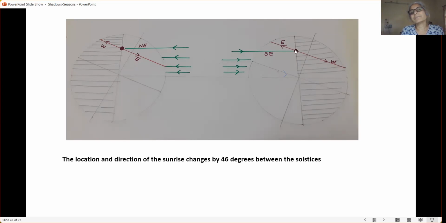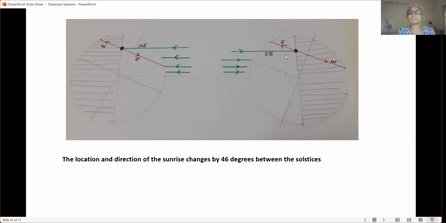And in winter, you can see the same latitude. Now this red spot is on the other side of the globe. It's entering from the dark region towards the light region on the other side of the globe. And so east is again this way. So you can see that the sun's rays are coming in from the southeast in winter.